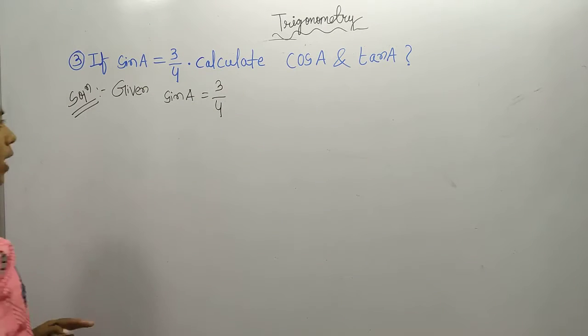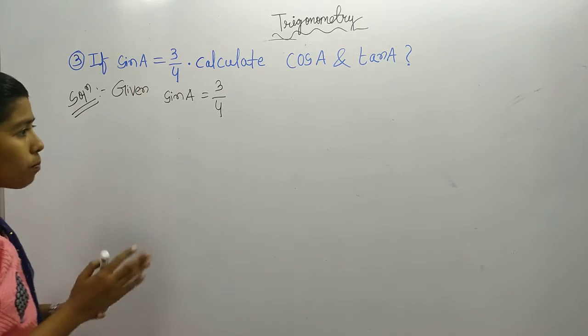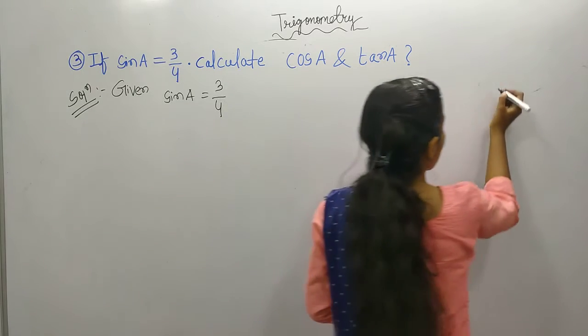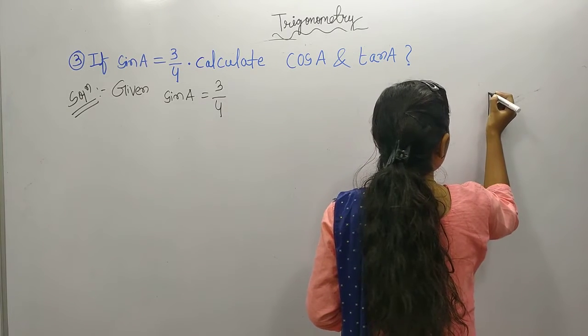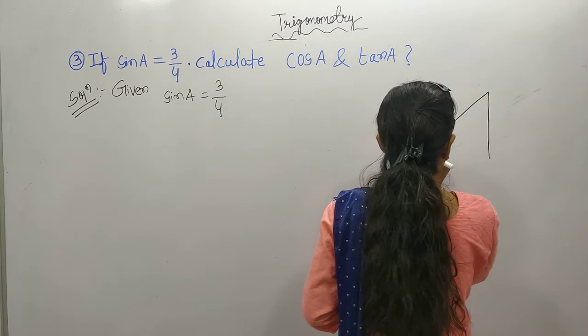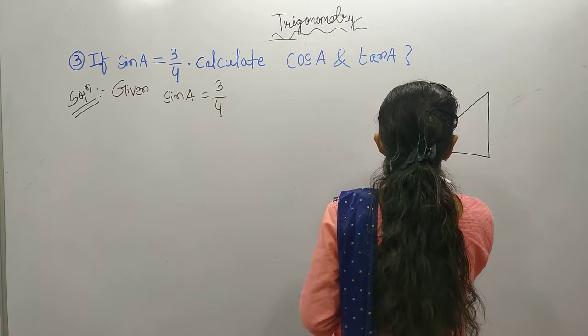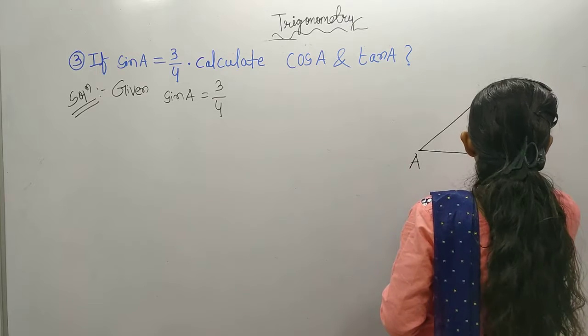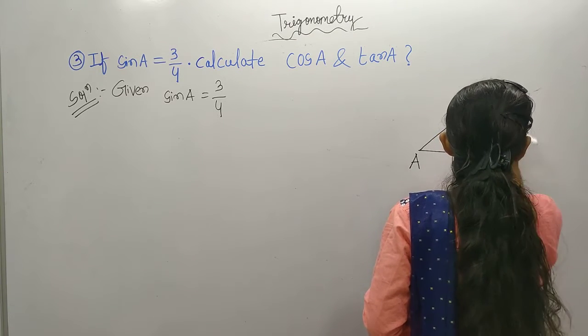So how will we find it? When a question like this gives you an angle, first you have to complete the triangle. So let's draw the triangle. A, B and C. So this is the base.